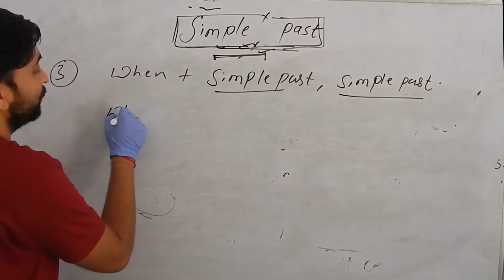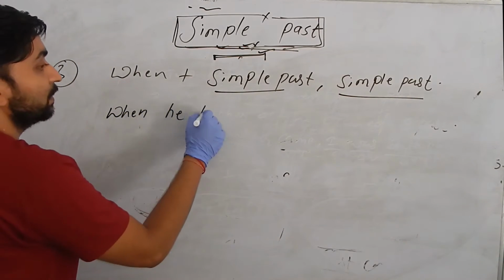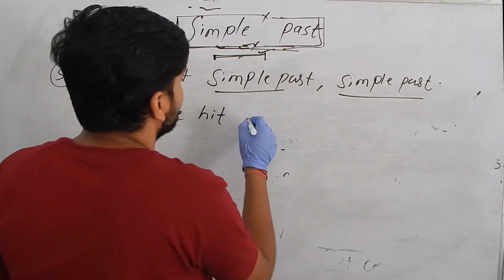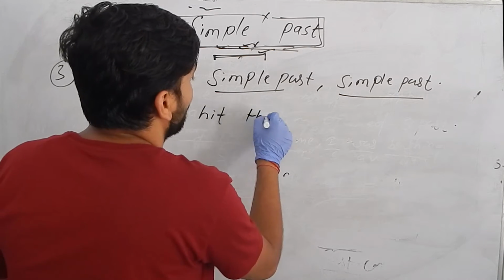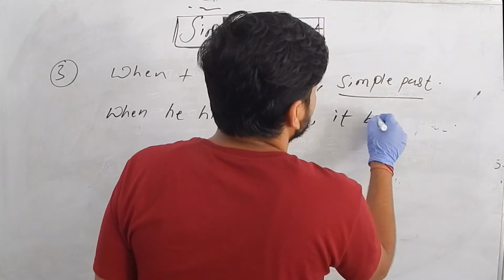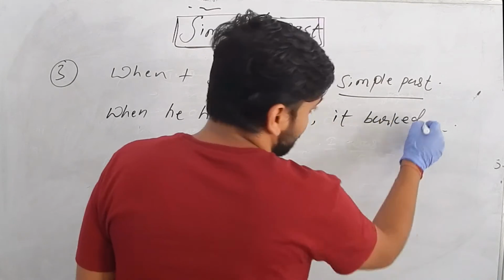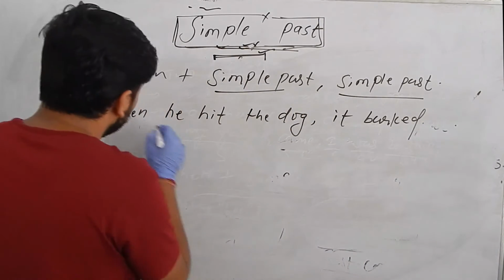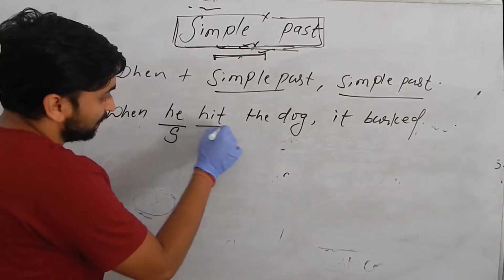Like: when he hit the dog, it barked. So try to understand this example. This is the subject. Here is V2.